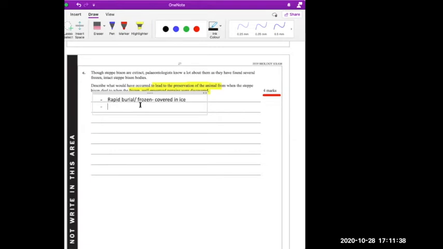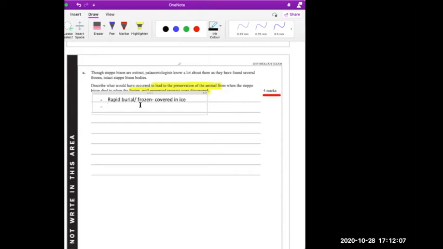And then you need 3 of these points. They would have given you a list of things that you need to know in terms of the correct conditions of fossilization. So rapid burial is the first thing that needs to happen, and then from there onwards there needs to be a lack of scavengers, as the body can't obviously be eaten. It needs to not be able to decay.